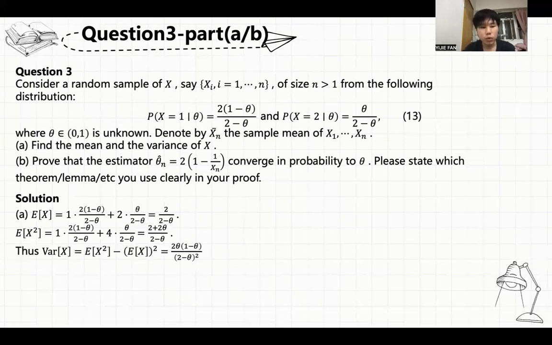And now we use the relation of EX and Y and YX, so we could calculate the variance of X. Okay, and then in part B, we need to prove that theta n hat converges in probability to theta.